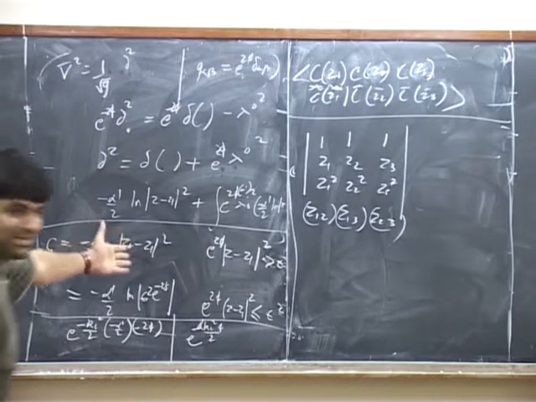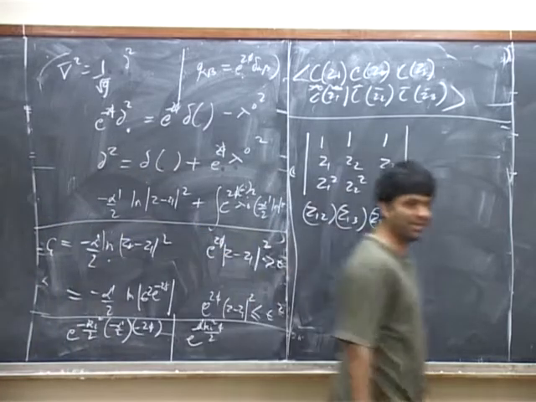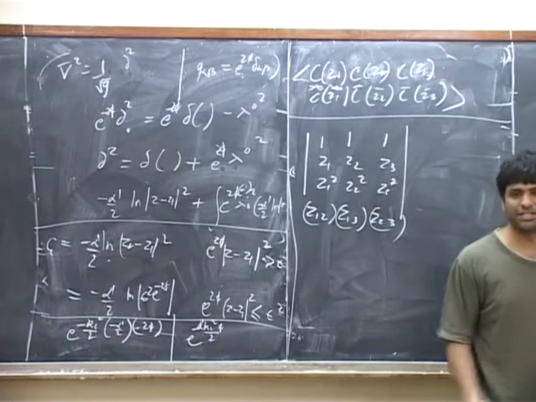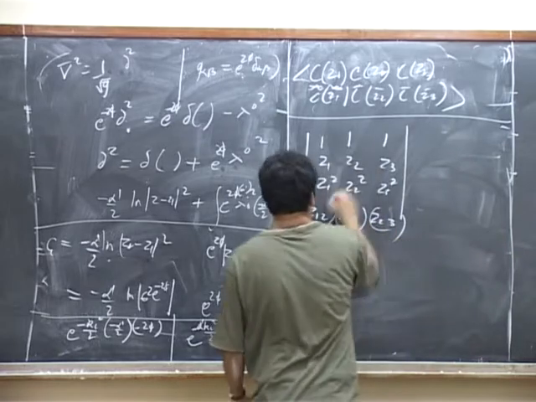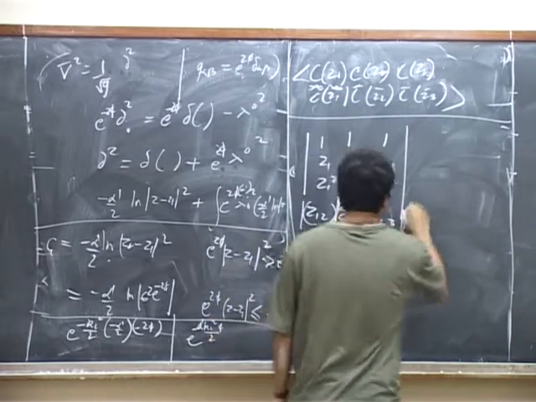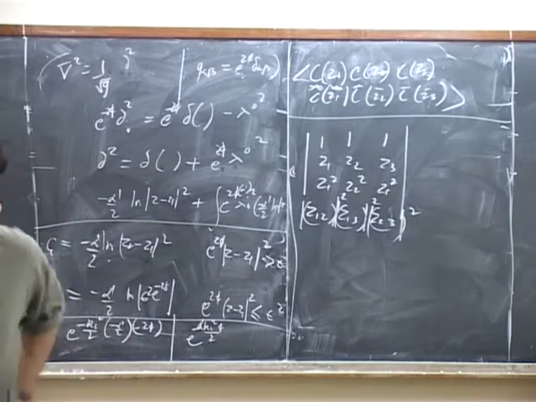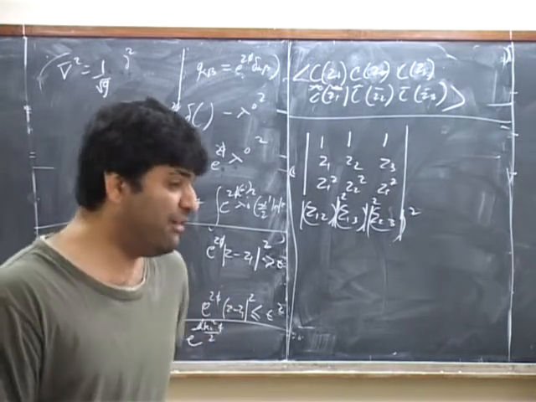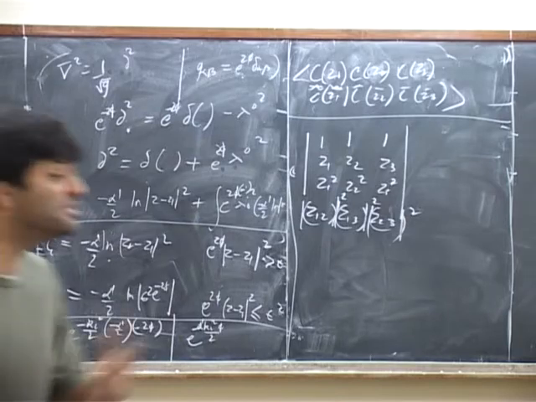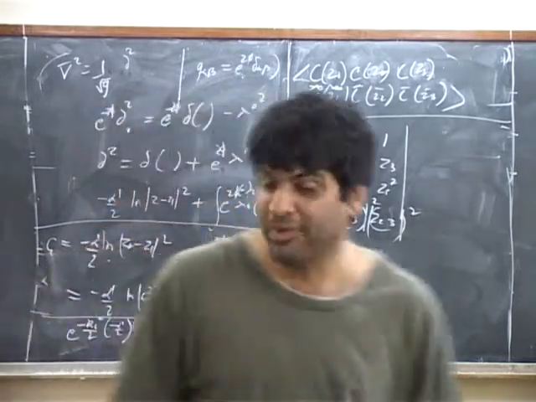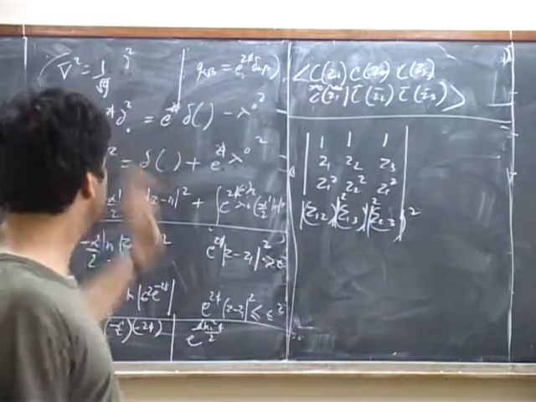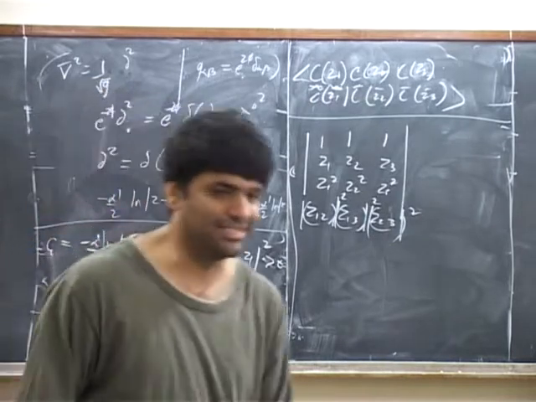Okay, so this determinant is Z12, Z13, Z23, and then times the complex conjugate determinant, so you have mod square. So if you are willing to use our determinant way of doing the computation, we're through. At least for this one. It's a very simple guy. 3 insertions.